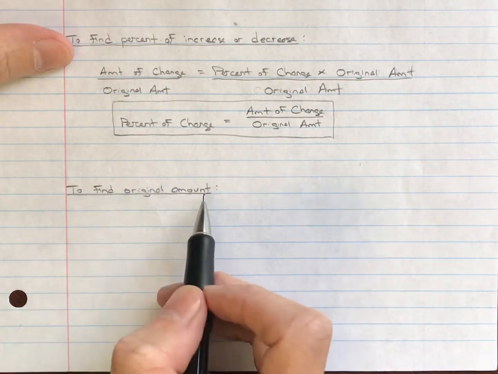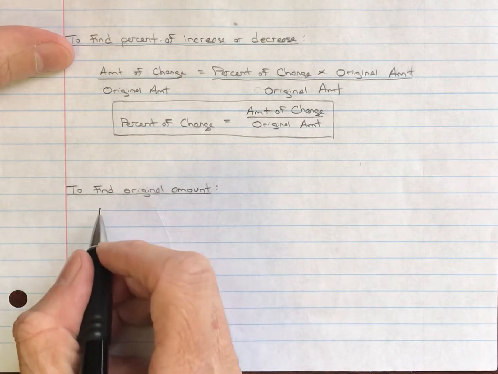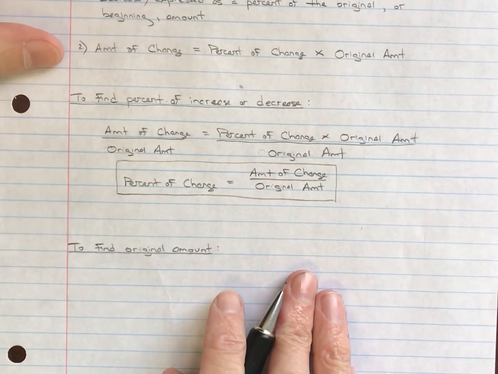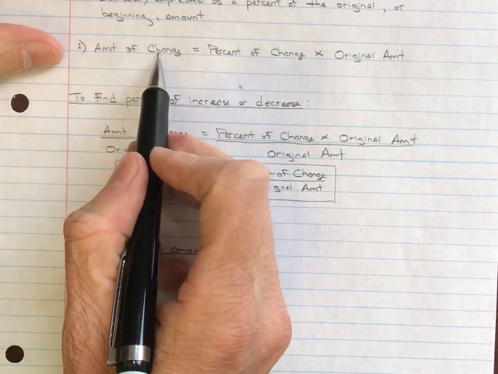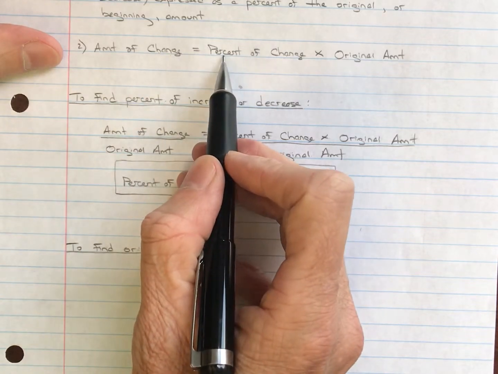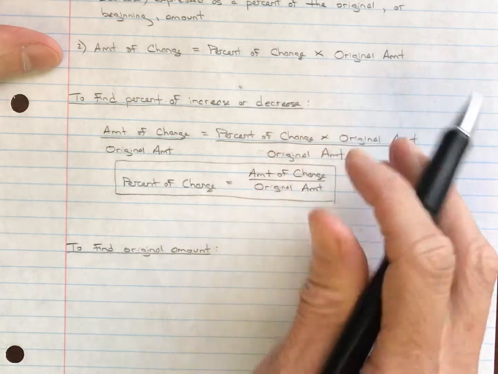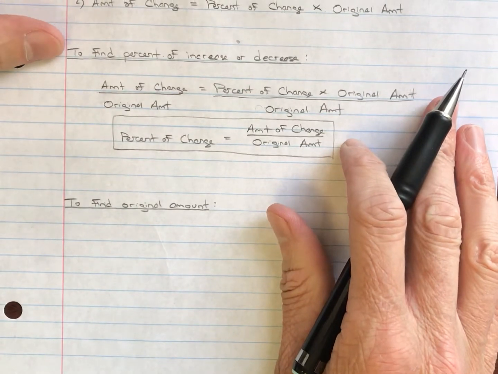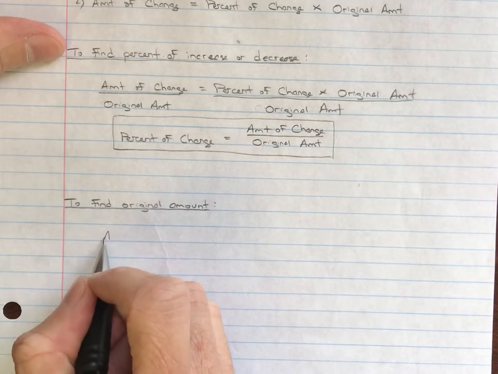We're going to do the same thing to find the original amount. We know, again, we'll come back up here to what we know. We know the amount of change is equal to the percent of change times the original amount. Okay, so I'm going to write that down again.